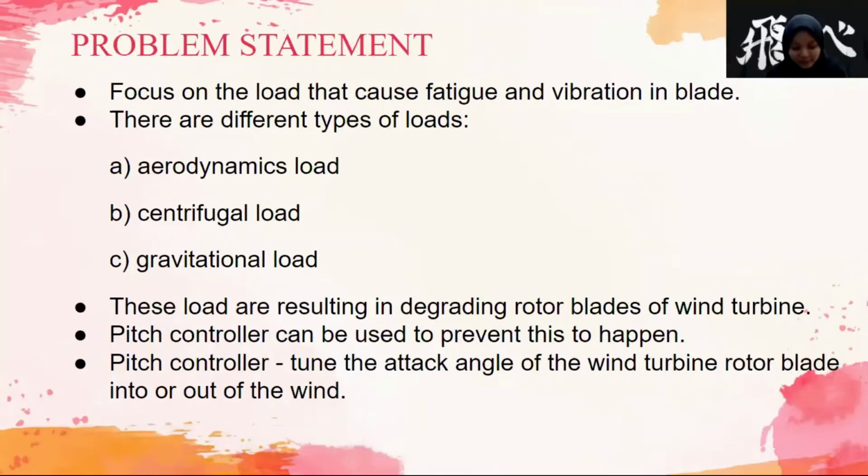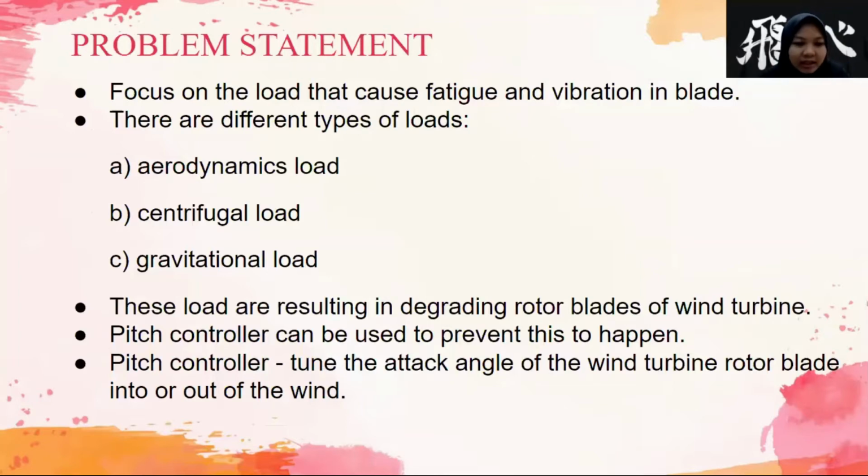Okay, so I will continue with the problem statement. This project focuses on the load that causes fatigue and vibration in the blade. There are different types of load that the blade will face. Here there are three loads that I state, which are aerodynamic load, centrifugal load, and gravitational load.